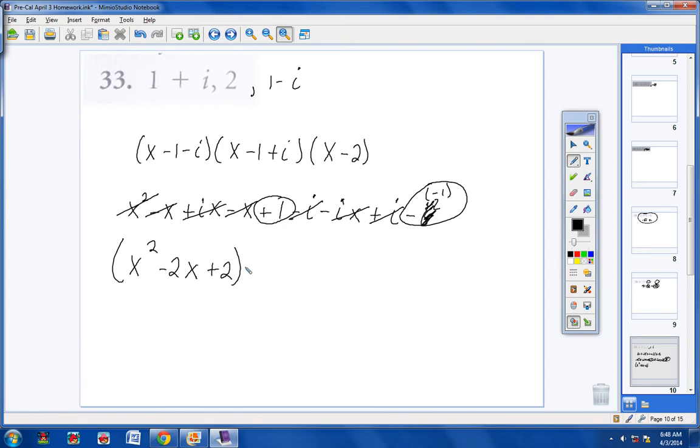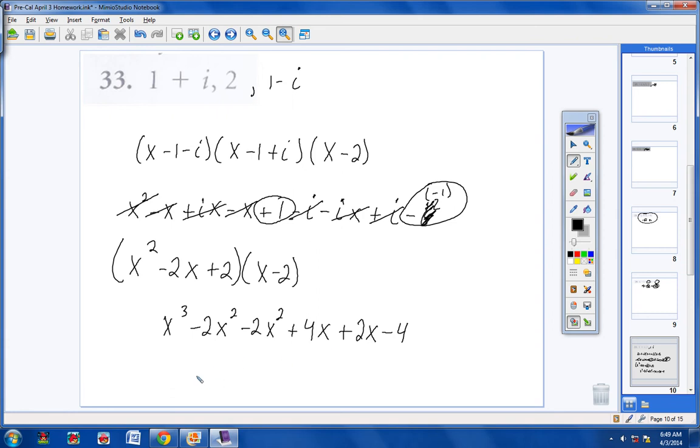And now let's take x squared minus 2x plus 2 times your last parentheses, x minus 2. And if we do that correctly, we will come up with x cubed minus 2x squared minus 2x squared, positive 4x, positive 2x, negative 4.